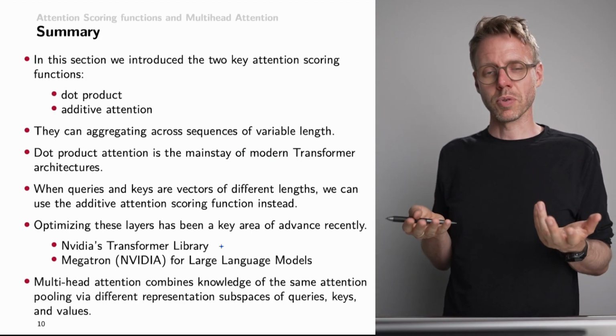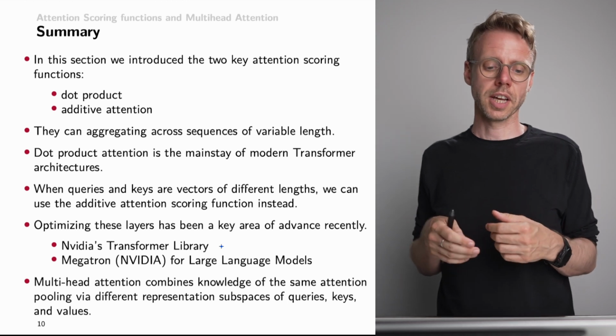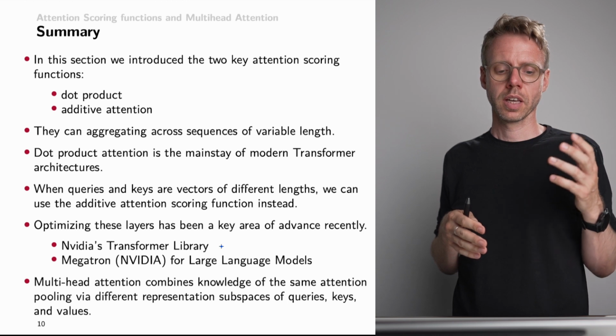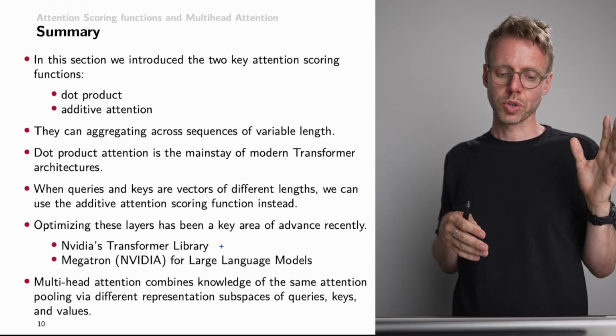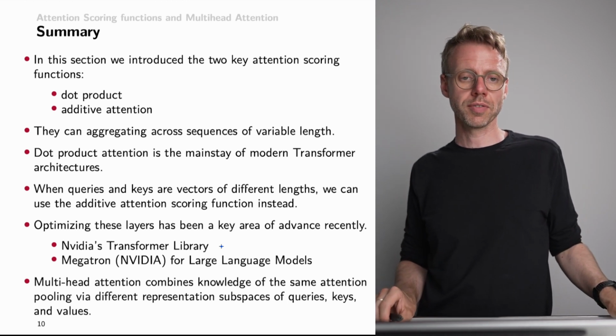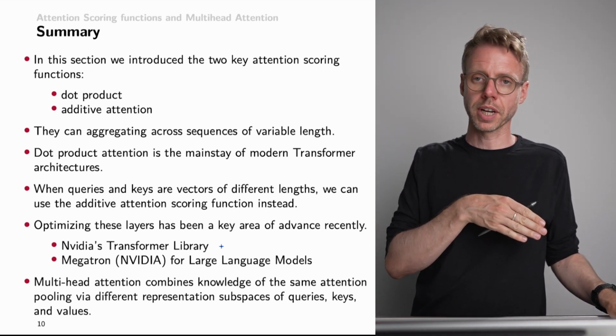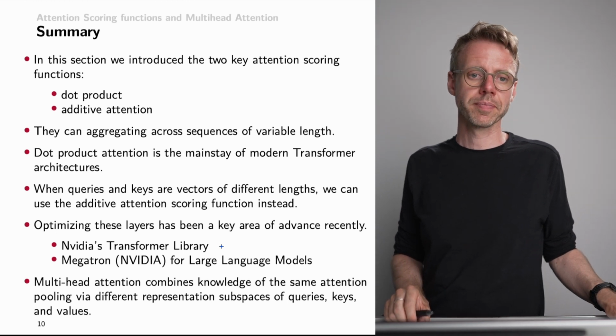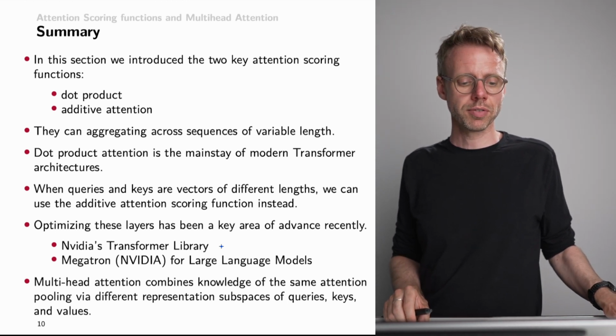So let's summarize this lecture on attention scoring functions and multi-head attention. We introduced two key attention scoring functions, namely the dot product attention and additive attention and variants thereof.